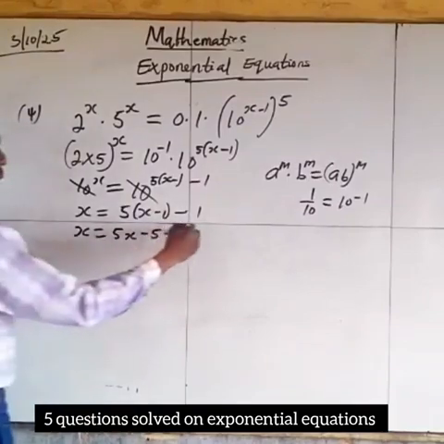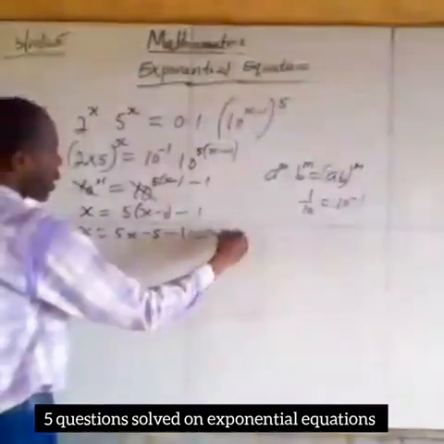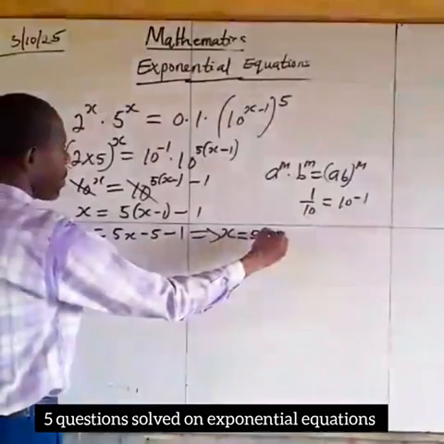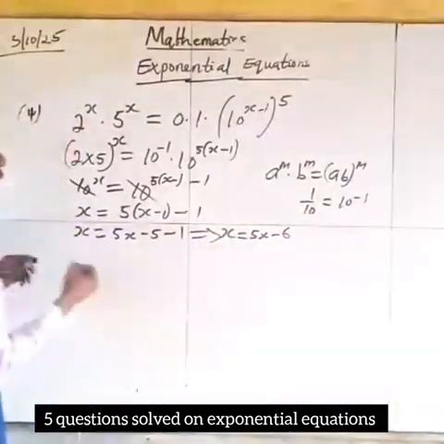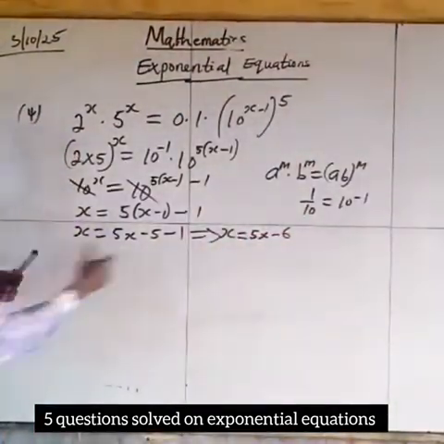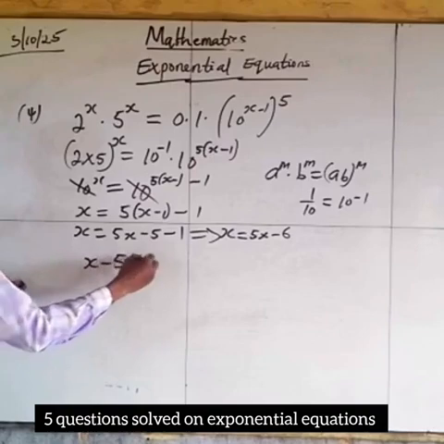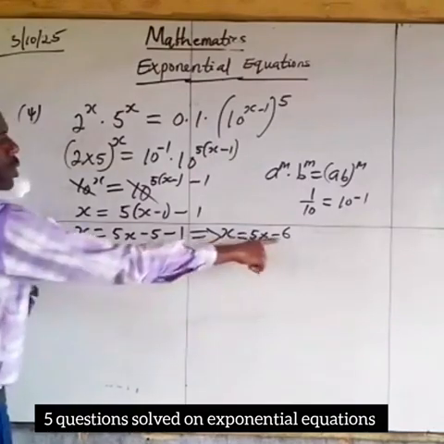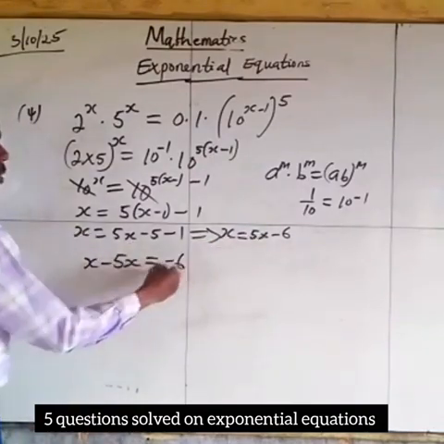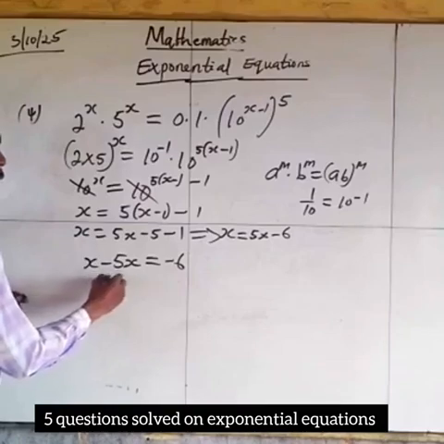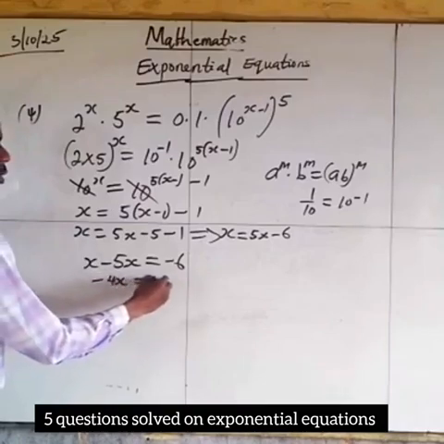So this will now imply to us that x equal to 5x minus 6. Now let us collect the like terms to move this 5x to this side. So we have x minus 5x equal to 6 will be remaining there, that is negative 6. x minus 5x will give us negative 4x equal to negative 6.